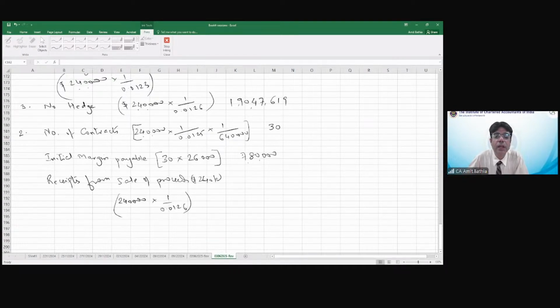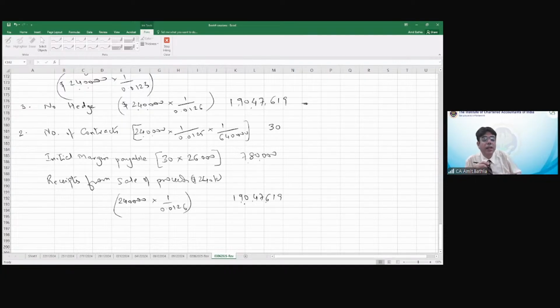I will get this particular amount. You can see over here something which is similar, which we have already done earlier in no hedging. And why is that so? I have a variation which is happening, am I right? Or no? Is there variation happening? So 1 crore 90 lakh 47,619. This is the receipts which are going to come from sale of proceeds.